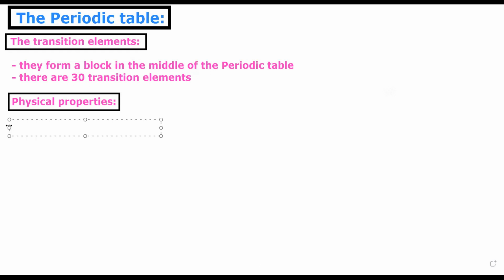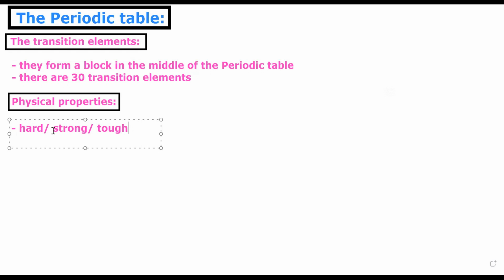Group 1 metals are soft and these are hard. This is one of the properties that we will remember. They are hard or strong, you can say, or even tough. These are the words that we will use for them.